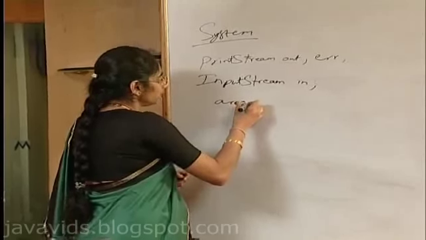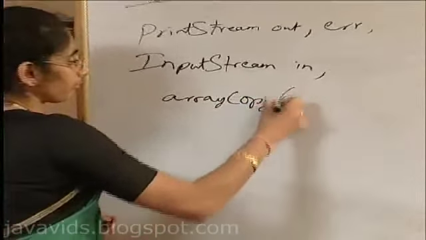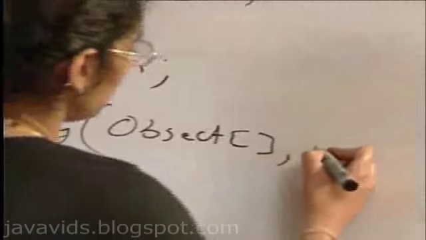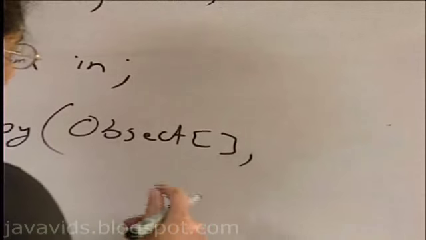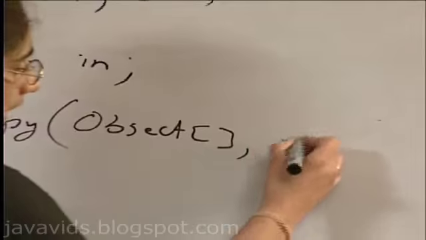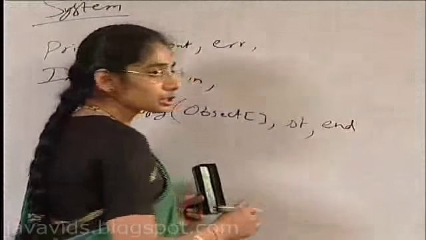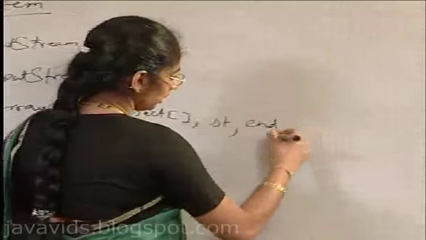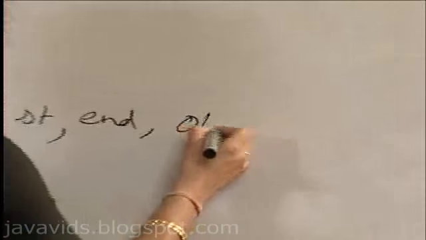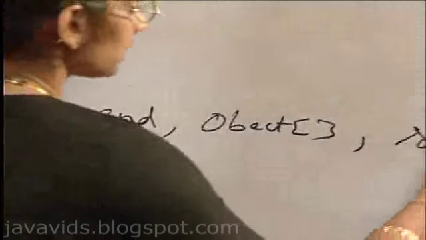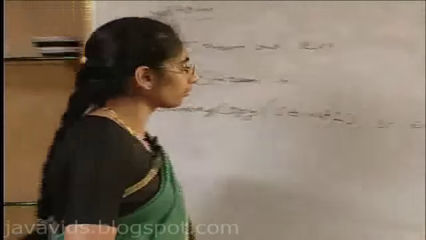For example, arraycopy, which takes an object array, that is the source, the starting position in the array where I need to start copying from, and the ending position where I should stop the copy, followed by the destination object array into which I want to copy the array contents, and its starting position where to copy into.